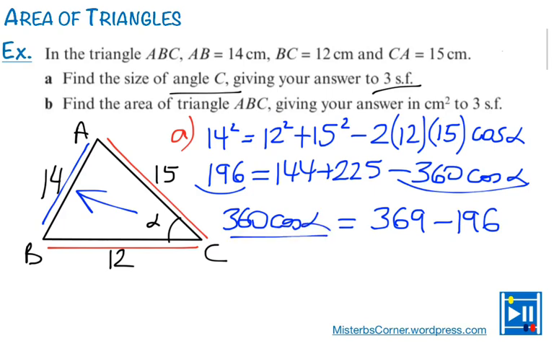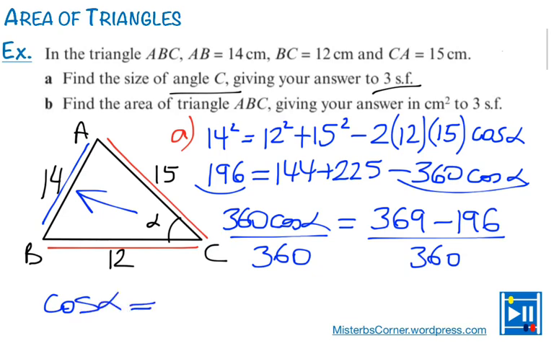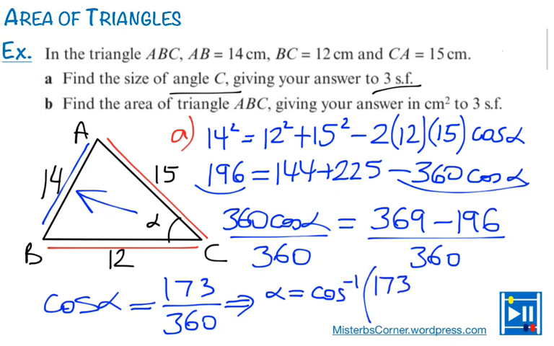Now if I divide both sides by 360, I will have the cosine of alpha being 173 over 360, which will give me alpha being cosine inverse of this fraction. Therefore, approximately, I'll just write the three significant figure rounding, 61.3 degrees.